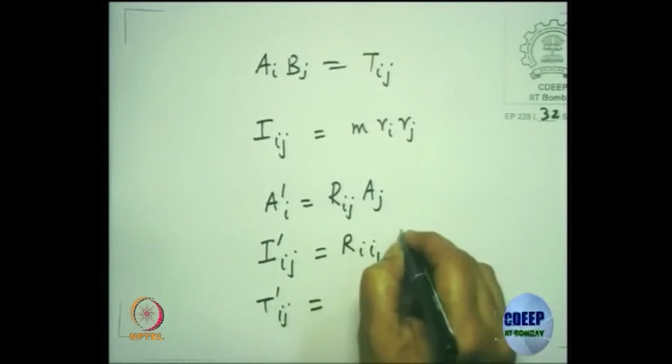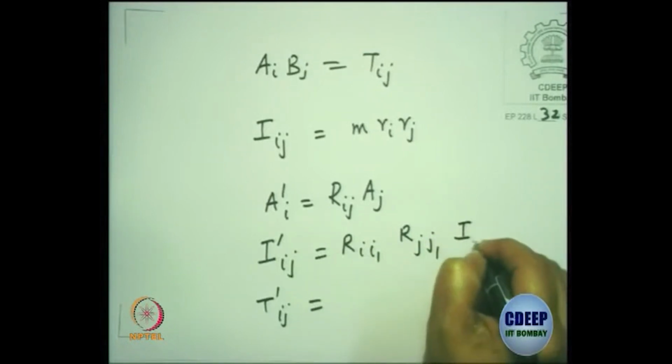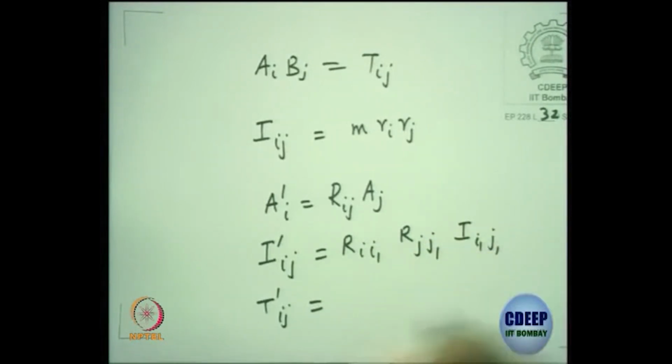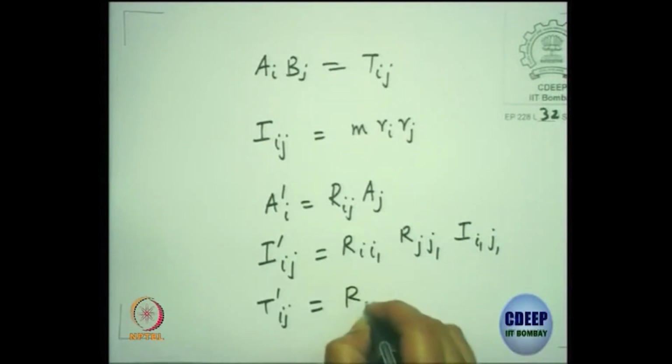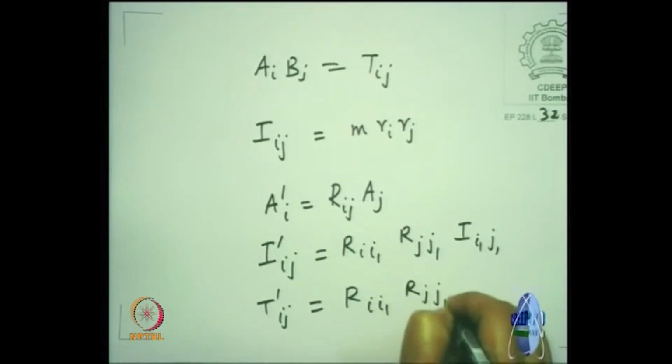Ri i1, Rj j1. Similarly this one also, it's the same R matrix.